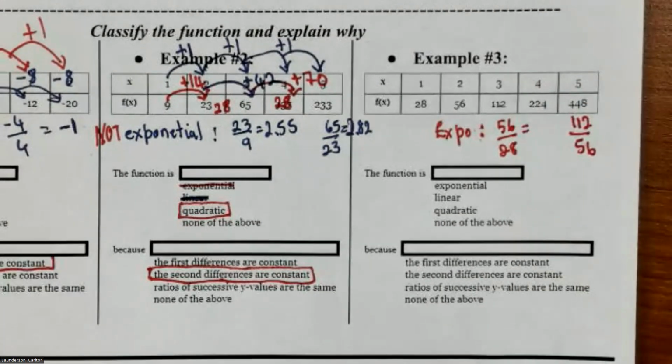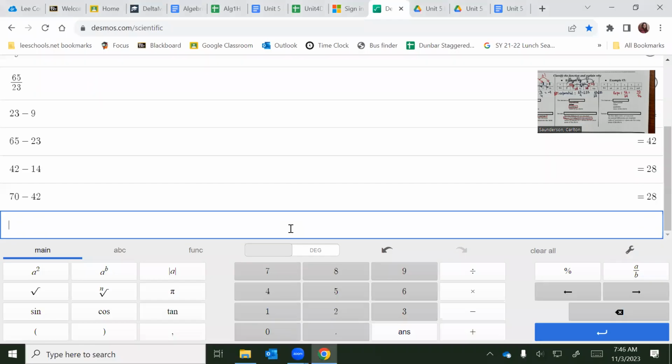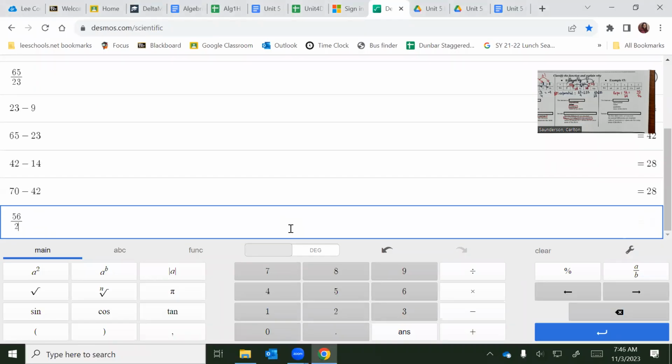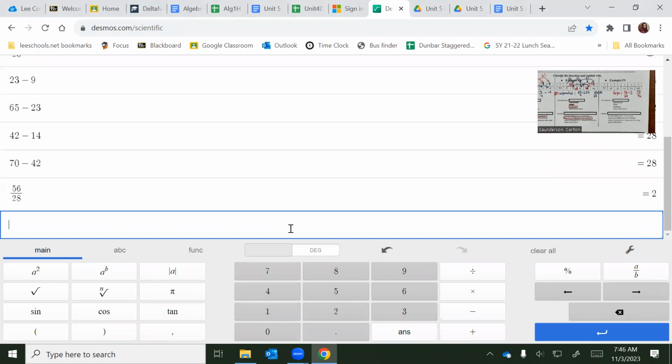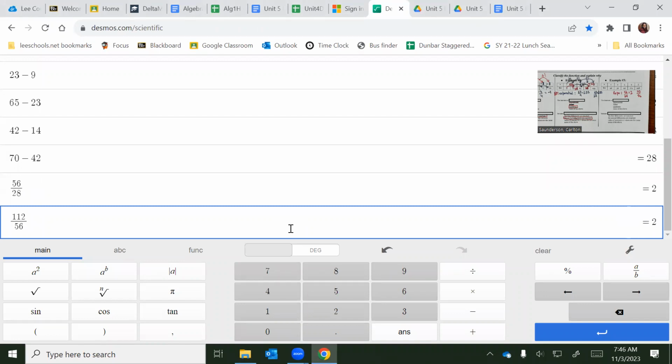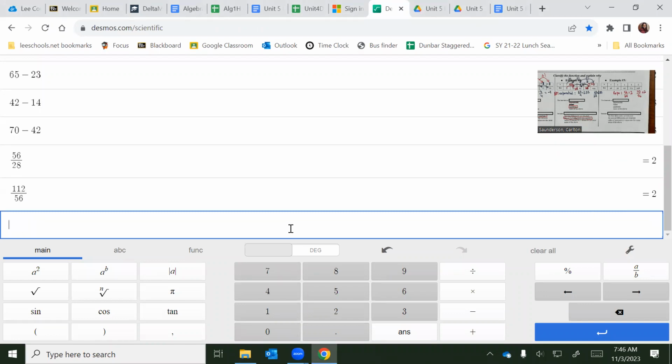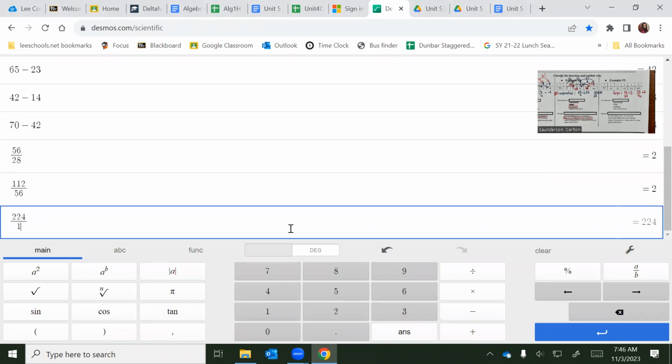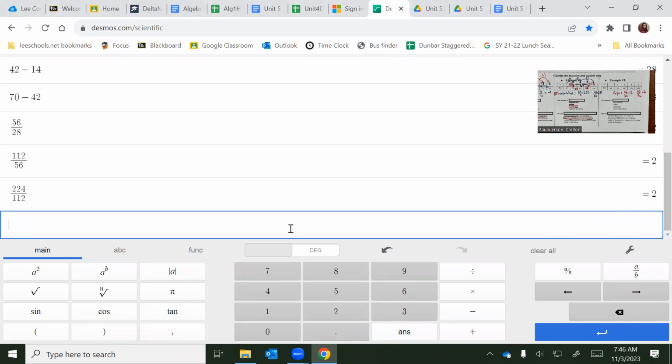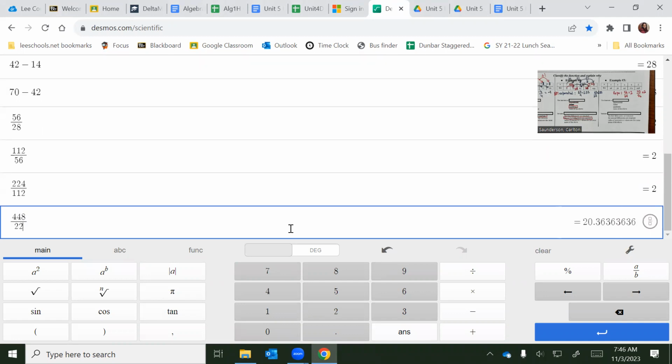If you put 56 divided by 28 in your calculator, you will get 2. And if you did 112 divided by 56, you also got 2. If you did 224 divided by 112, you got 2. And if you did 448 divided by 224, we also got 2.